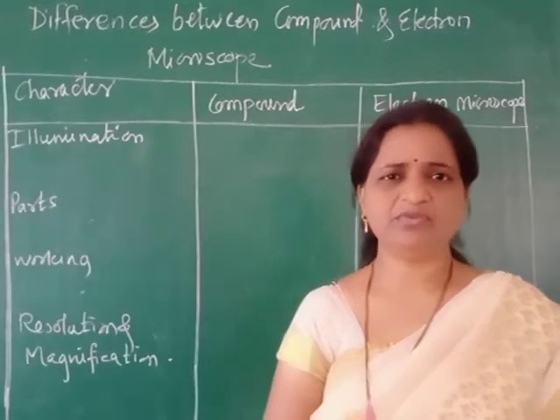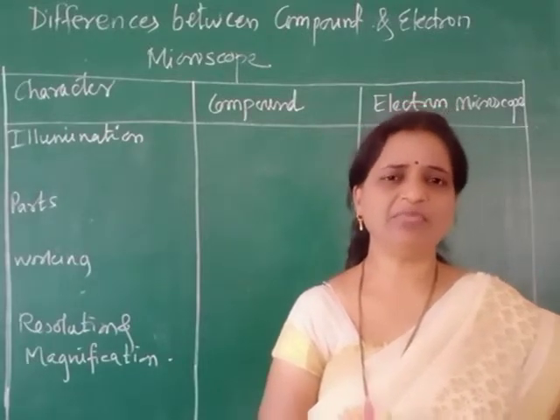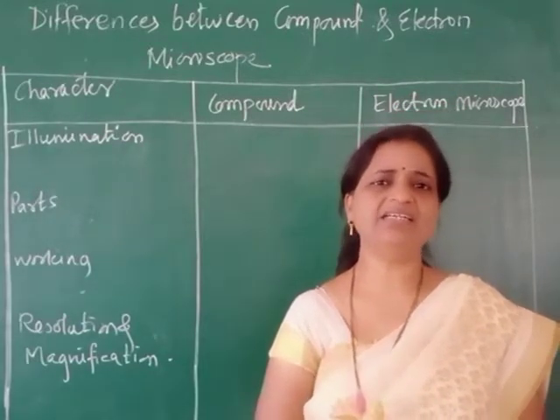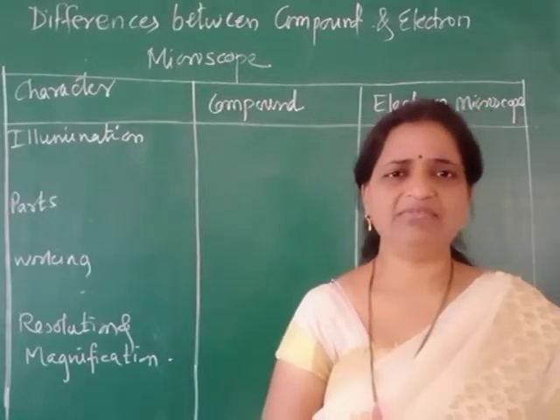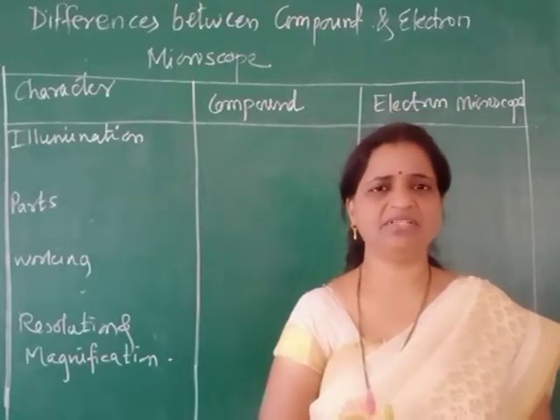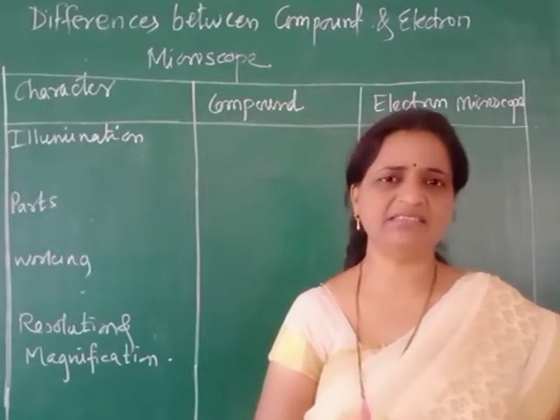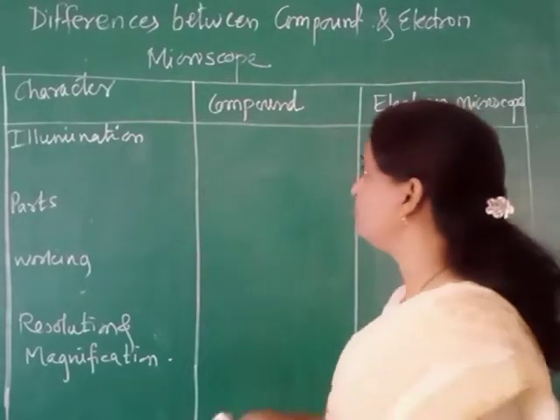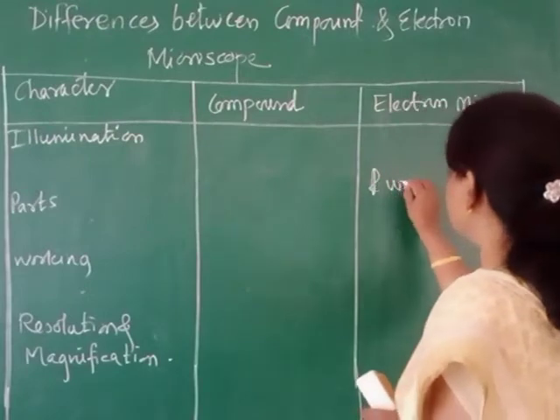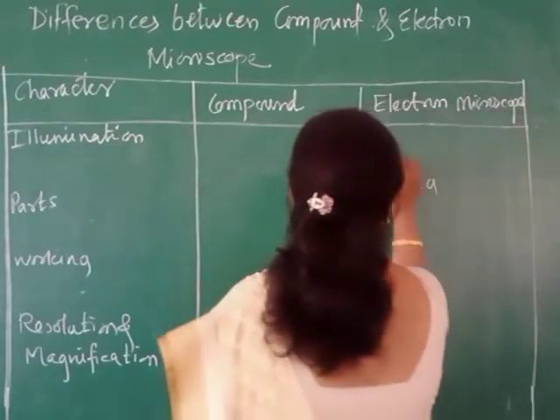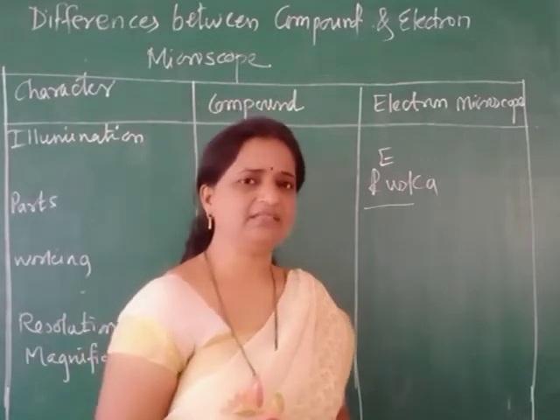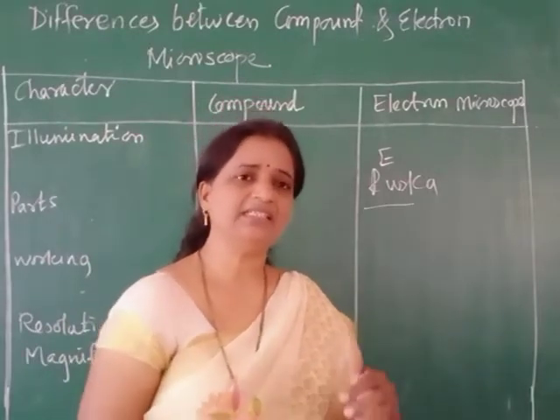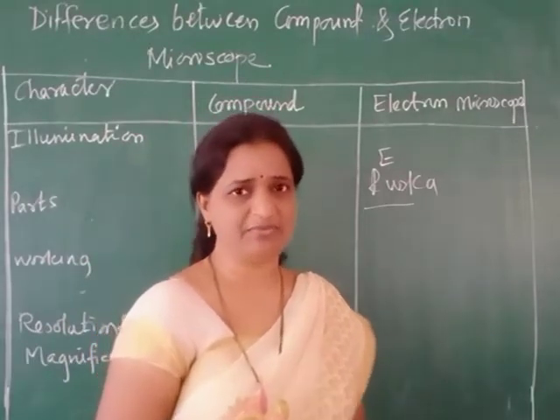After the discovery of the compound microscope, a number of scientists tried to increase the magnification of the microscope, and in 1931 one of them, Ernst Ruska, developed the electron microscope, which has the property of the highest magnification.